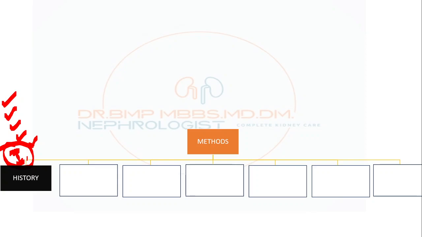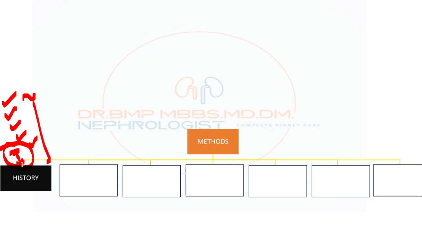For example, a 40-year-old male presents with multiple episodes of diarrhea and vomiting and comes to the ICU. You can easily make out from the history only that most likely the patient might be volume depleted. The major clue, even as a nephrologist, that we use is the history.